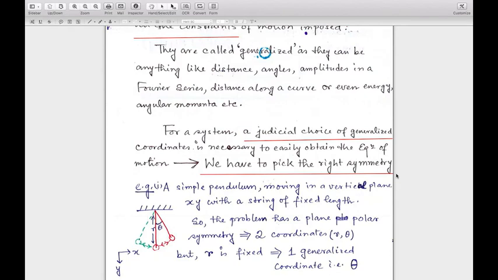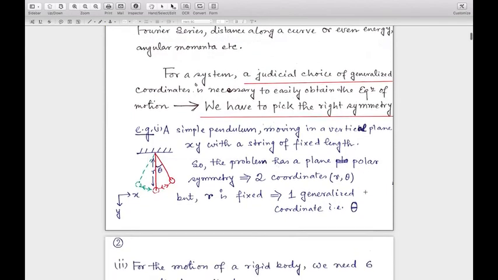So those two symmetries are of a similar type, but one is cylindrical symmetry, another is planar symmetry. Again, when we are talking about, let's say, a spherical pendulum, that I will talk about maybe after this lecture, you will see that then proper spherical symmetry will be interesting, right?